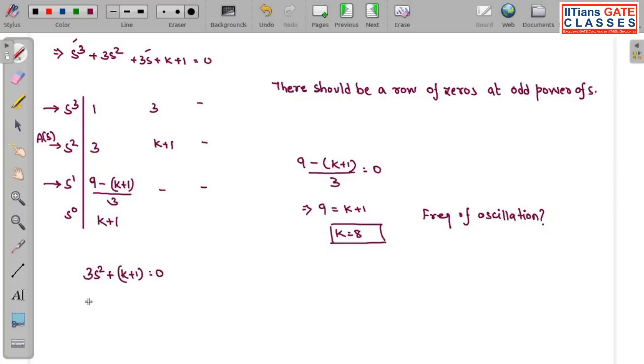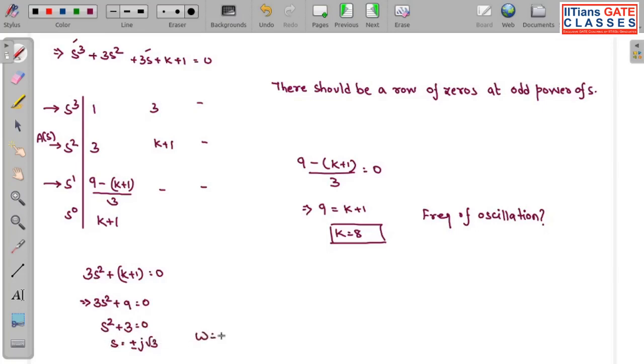3s square, what is the value of K? It is 8, so plus 9 equal to 0. So s square plus 3 equal to 0. s is equal to plus minus j root 3. s is what? It is j omega.